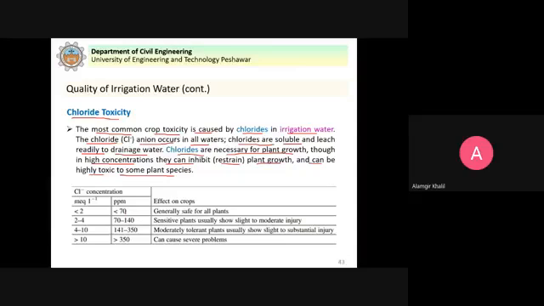You can see less than 70 parts per million is generally safe for all plants. 70 to 140 parts per million in the water, sensitive plants usually show slight to moderate injury. 141 to 350 parts per million, moderately tolerant plants usually show slight to substantial injury, and if the chloride concentration is more than 350 parts per million, it can cause severe problems.